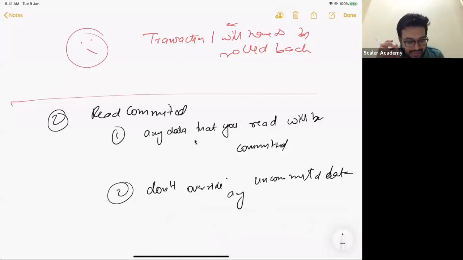So how will that happen? Let me tell you exactly how that happens. That happens because the transaction is going to have a read or a write lock on the current row. And this will not allow any other transaction to overwrite uncommitted data.